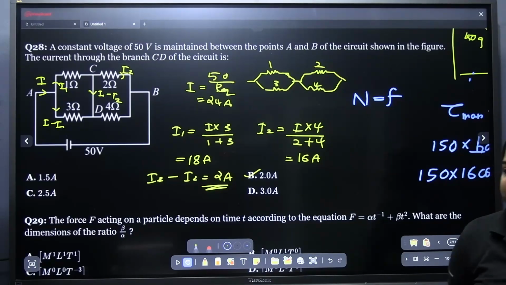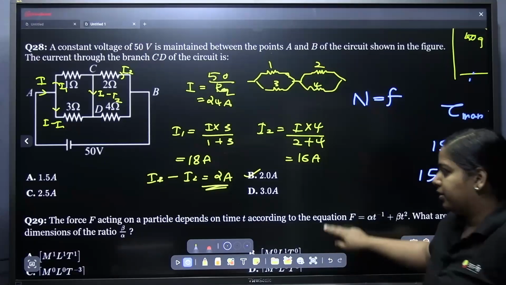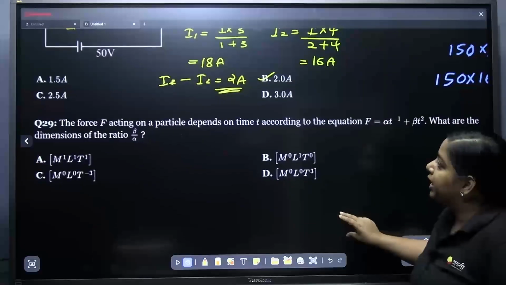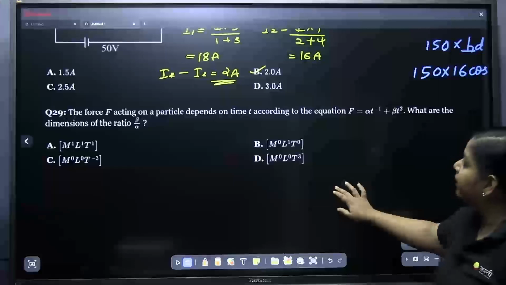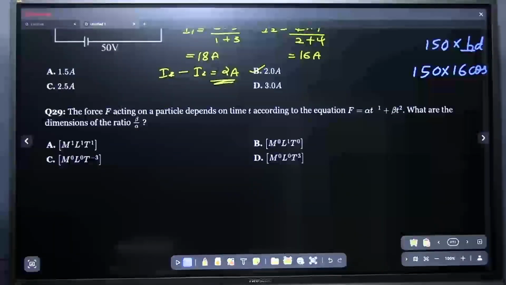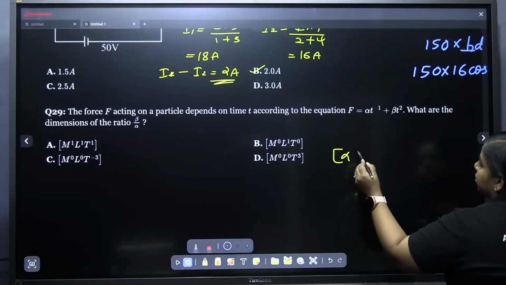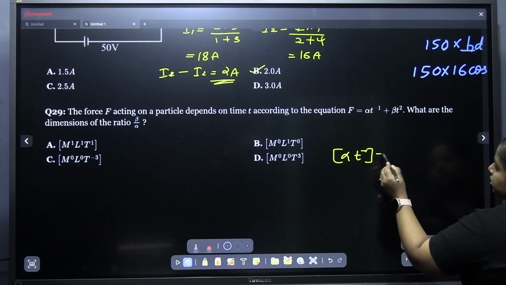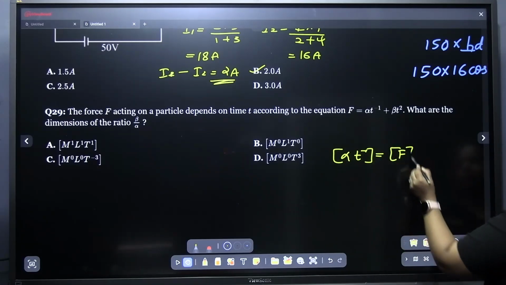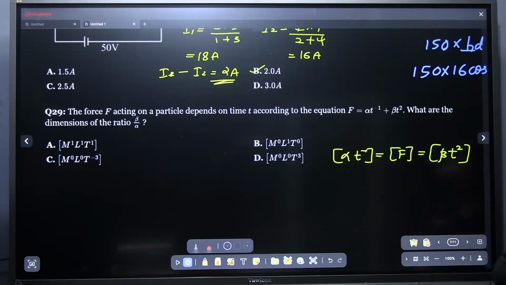Do you have any doubt in this question? No. Okay. Next, force acting on a particle depends on time t according to the equation shown. What is the dimension ratio of alpha, beta by alpha? So dimension of alpha t minus 1 should be equal to dimension of F, which should be equal to dimension of beta t square.